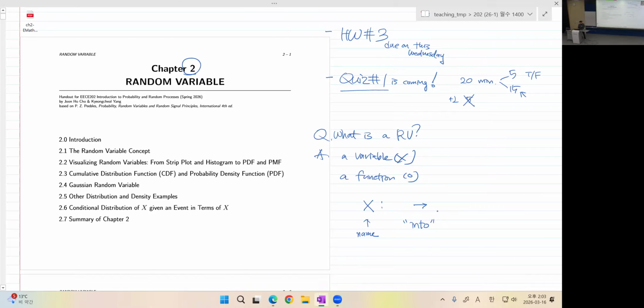So if, as I claimed, a random variable is a function, what is the domain and what is the codomain? If I refine the question to what is a real random variable, or real-valued random variable, then we clearly have R here.